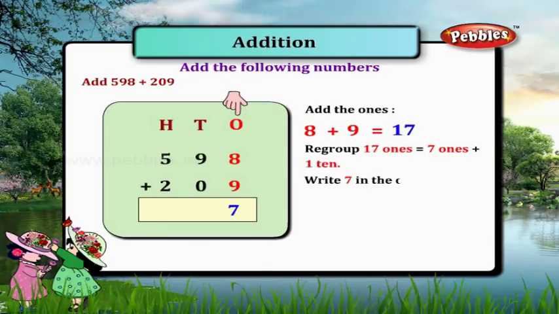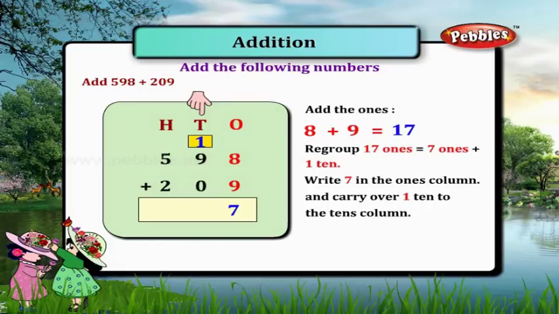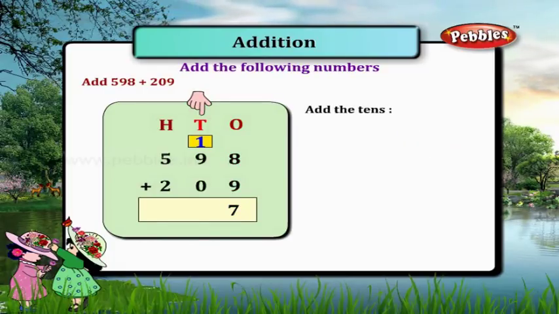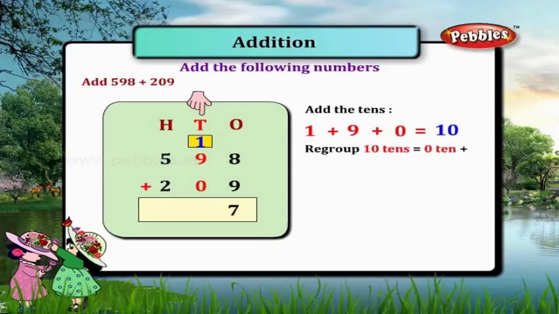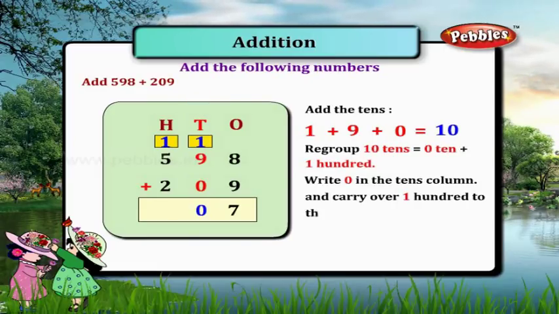Now write 7 in the ones column and carry over the 1 ten to the tens column. Now add the tens. 1 plus 9 plus 0 equal to 10. Regroup 10 into 0 tens and 100. Write 0 in the tens column and carry over 100 to the hundreds column.